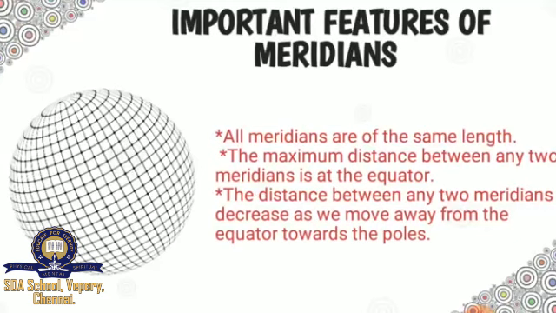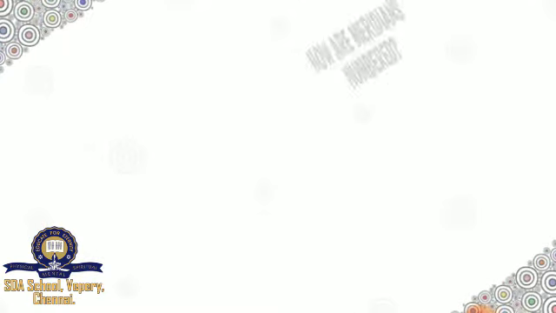The distance between any two meridians decreases as we move away from the equator towards the pole. Meridians are used to measure distances in east to west direction. Meridians are parallel at right angles, that is 90 degrees. These are the important features of meridians.